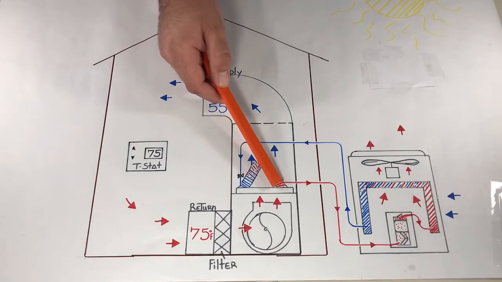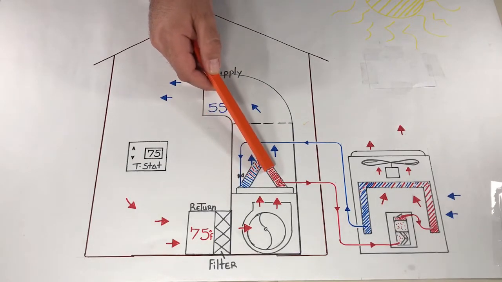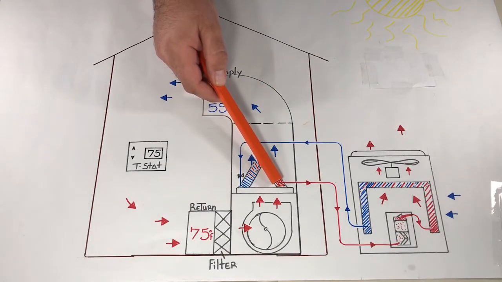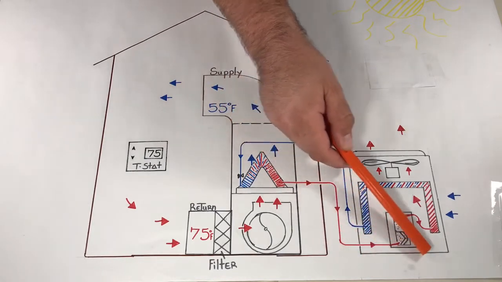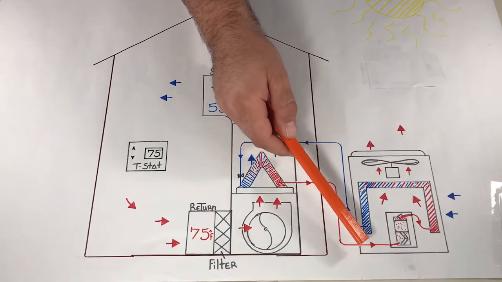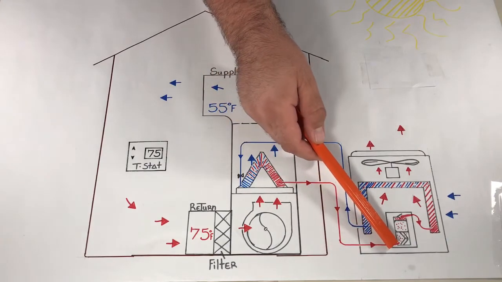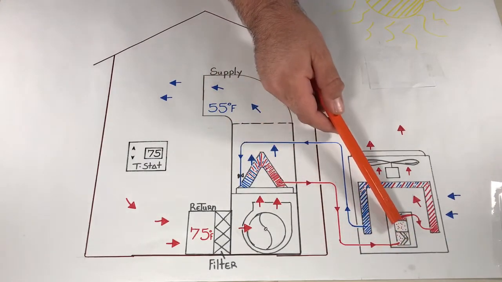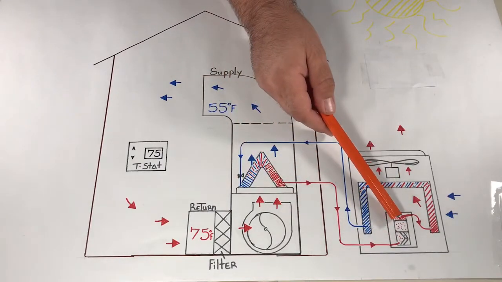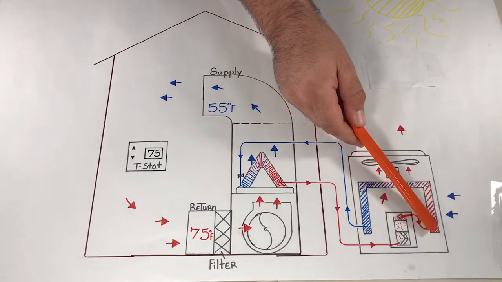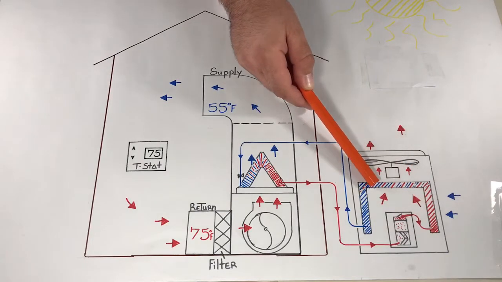When the heat is absorbed into the coil, it will be transferred to the refrigerant, which will be transported through piping, going outside, and into a unit called the condenser. When it enters the condenser to go into a compressor, the compressor's job is to circulate the refrigerant throughout the system. Once it leaves the compressor, it'll go into the condenser coil.